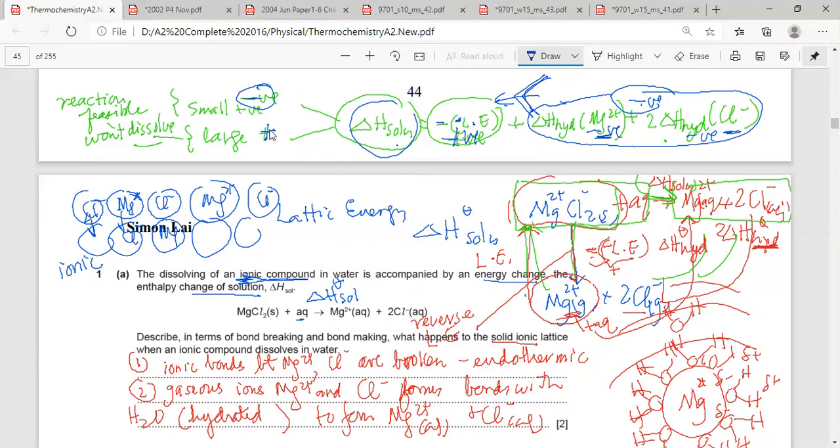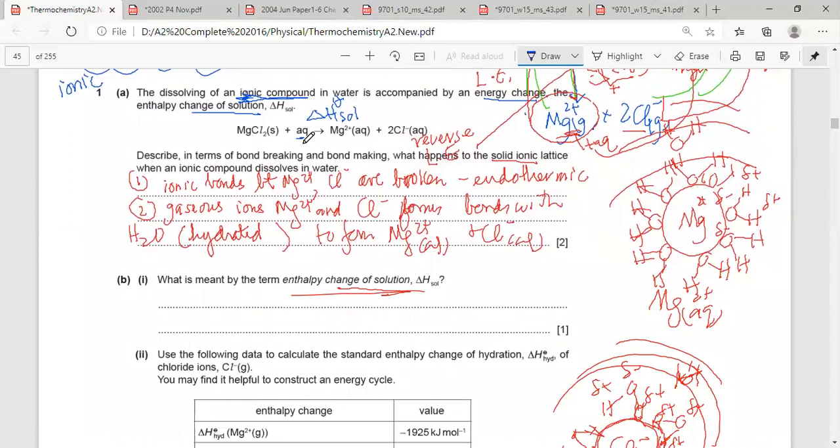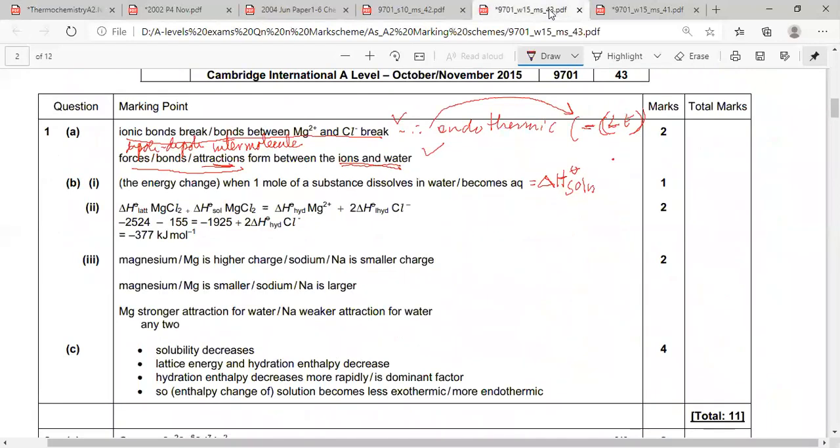Now, I'm going to go on. I have only 15 more minutes to finish off. So now, what is the definition for this one here? Energy change when 1 mole of gaseous ions dissolves in water to form an infinite dilution.